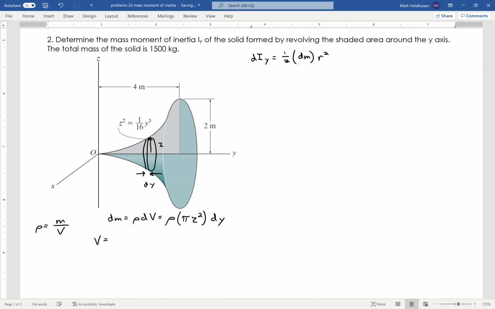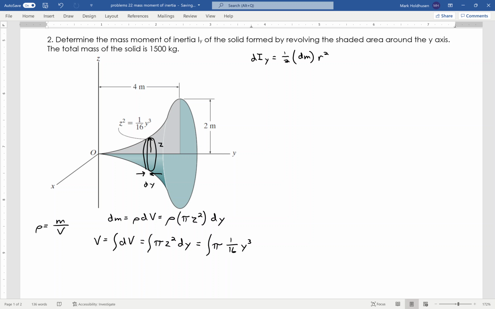The volume is basically the integral of dv, summing up all of the volumes of these thin disks. So instead of dv, I'm going to use pi z squared dy, and integrate with respect to y. Instead of z squared, I want to use 1/16 y cubed, because that's what z squared equals.